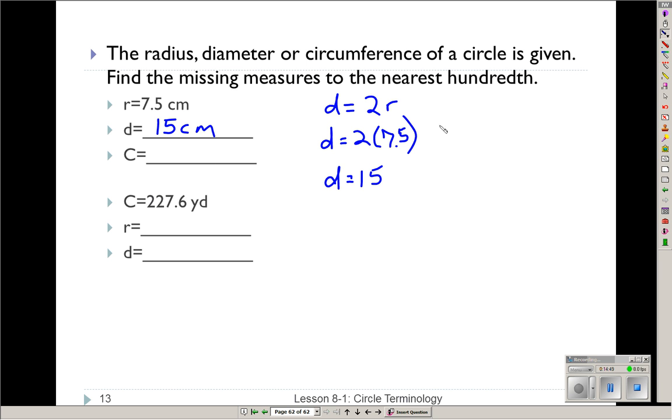For the circumference, you have 2 choices. You could do C equals pi times D, or C equals 2 pi r. If you do pi times d, you get pi times 15. If you punch in the pi button times 15, you get approximately 47.12.